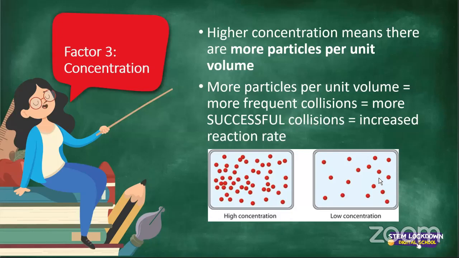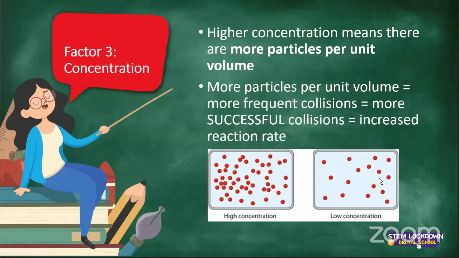In this case, we are going to think about concentration in terms of the number of particles in a particular volume. If you look at the picture at the bottom, the high concentration and the low concentration are both in the same sized cube. But if you look at the high concentration, you have a lot more particles than the low concentration.